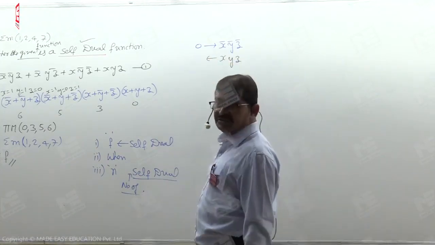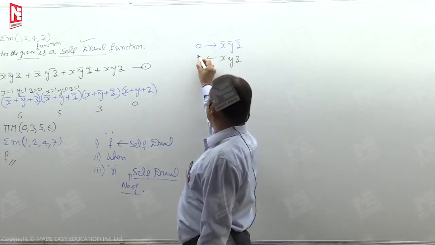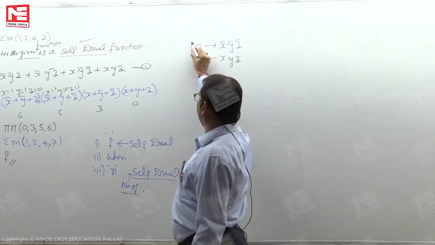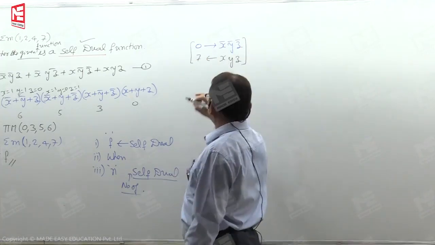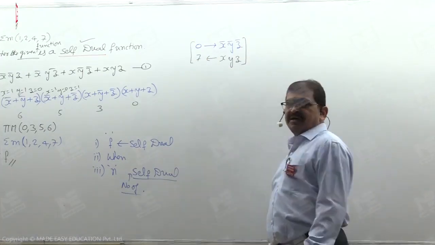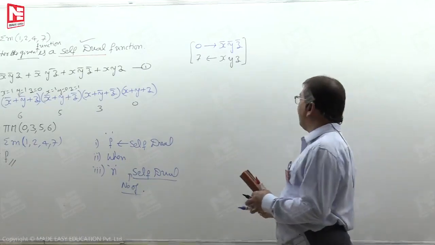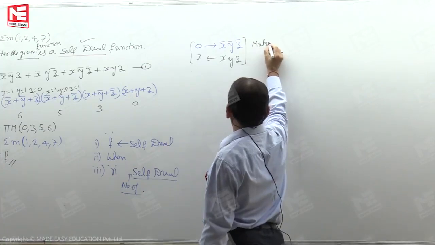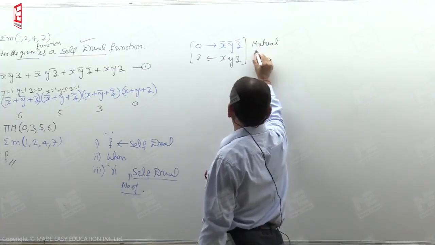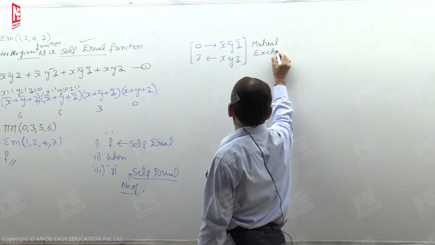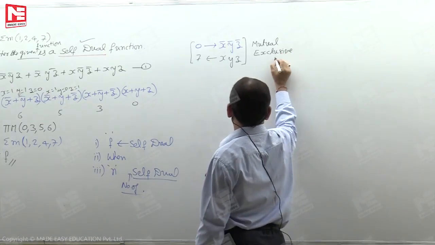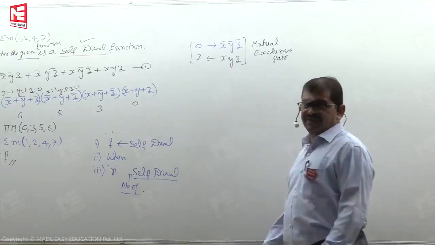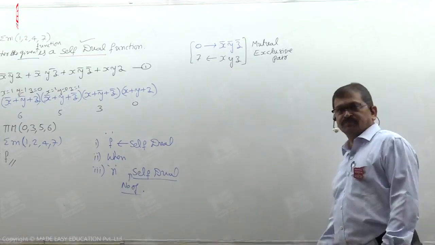Correspondingly, for this product, the equivalent decimal number is 7. This pair we are naming as a mutual exclusive pair, mutual exclusive terms.